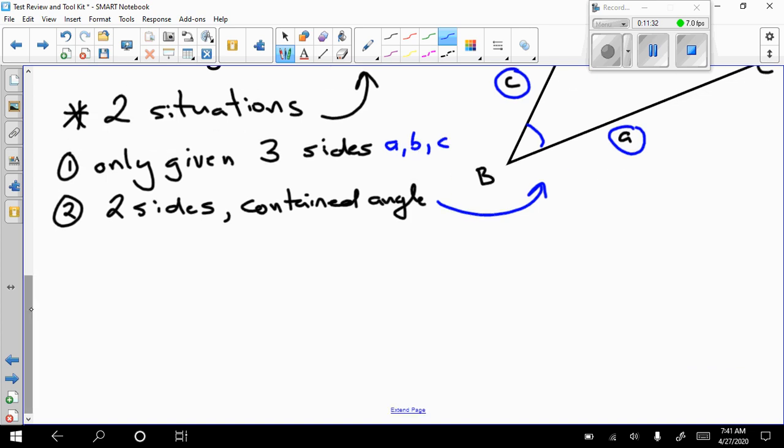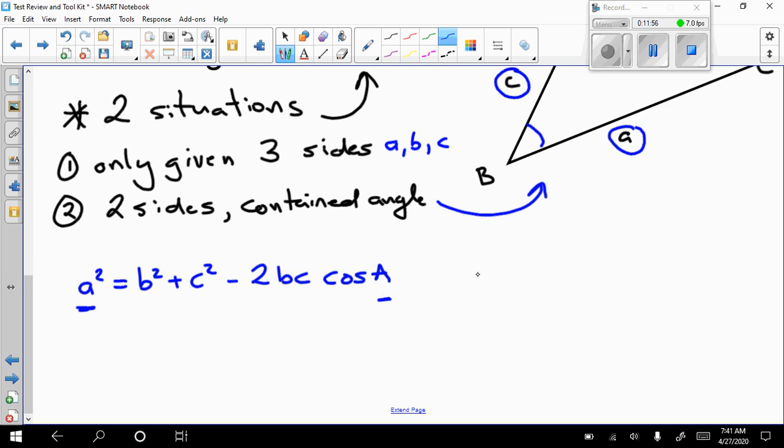And what the cosine law is, there's two ways of writing it. It's a squared is equal to b squared plus c squared minus 2bc cos of angle A. And notice that whatever side you have over here has got to be the angle you have over here.